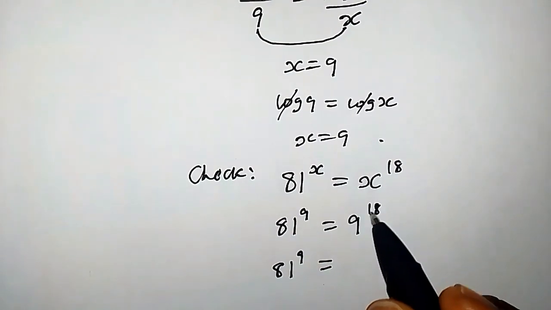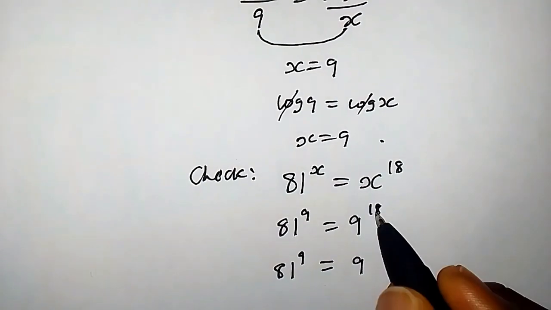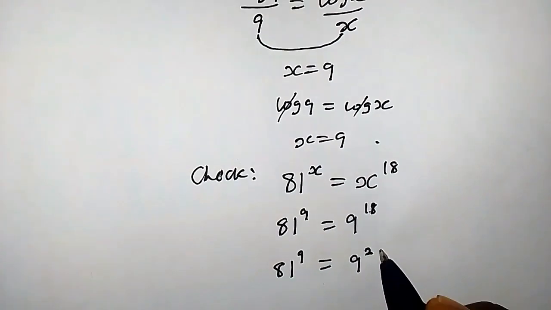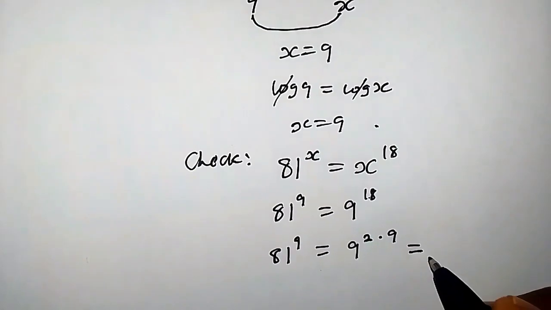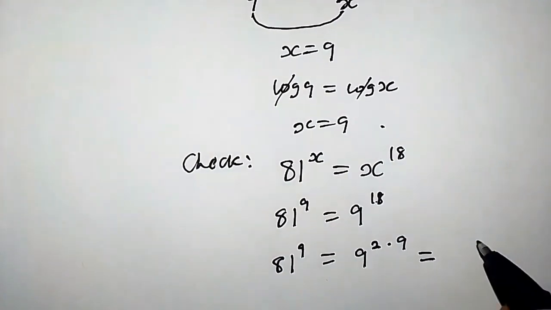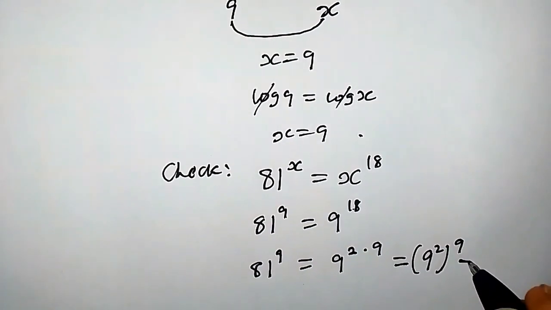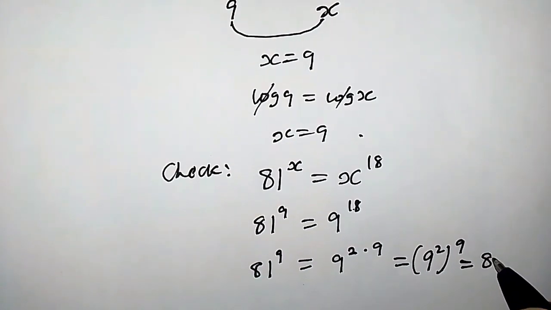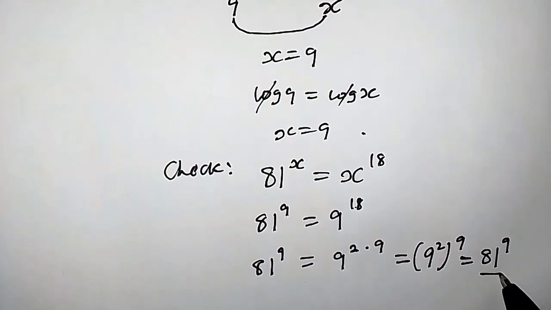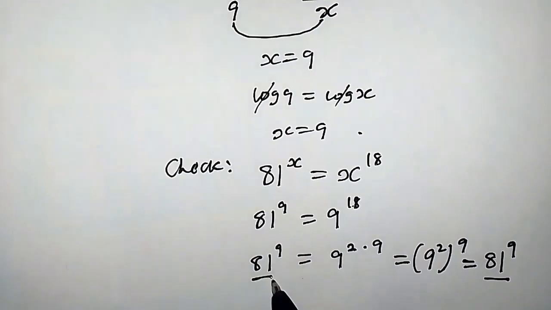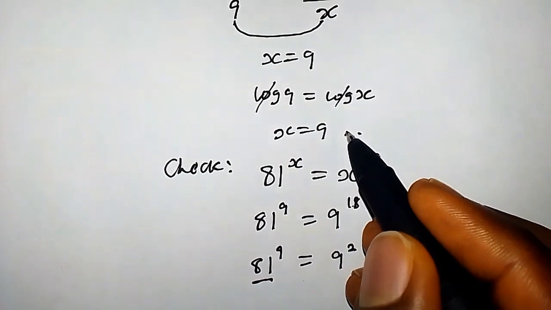Let's consider this exponent: 18 could be written as 2 times 9. This 81 could be written as 9 squared, so we put it in brackets, to the power of 9, which equals 9 squared is simply 81 times the exponent, which is 9. So that means the right hand side is the same thing as the left hand side. So our value of x is indeed x equals 9.